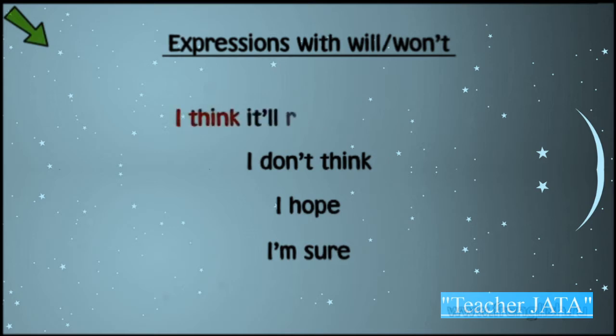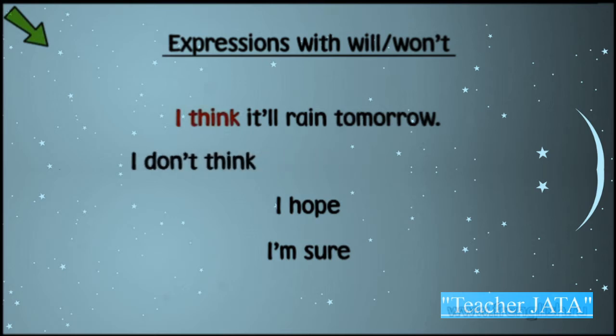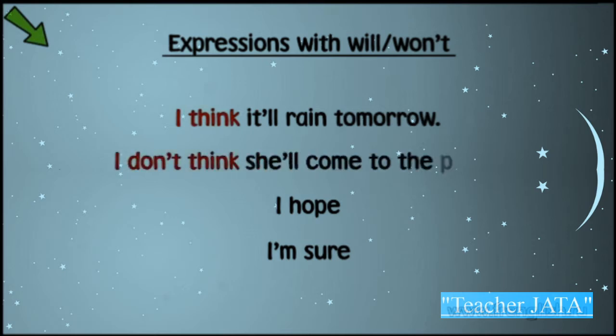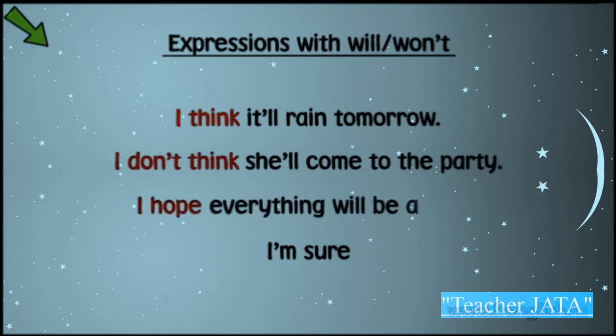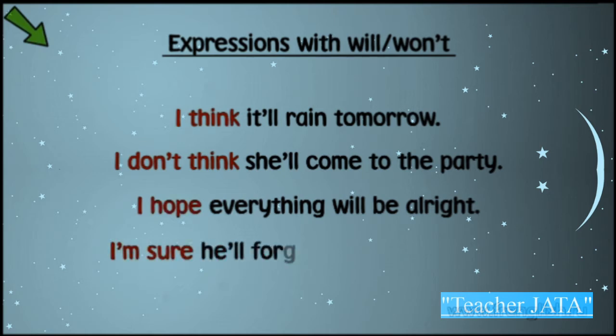I think it'll rain tomorrow. I don't think she'll come to the party. I hope everything will be all right. I'm sure he'll forget his appointment. We often use these expressions to introduce a prediction with will or won't.